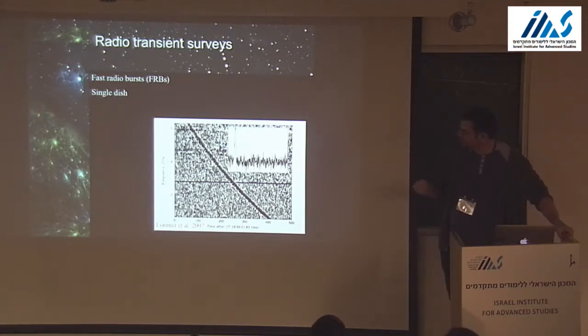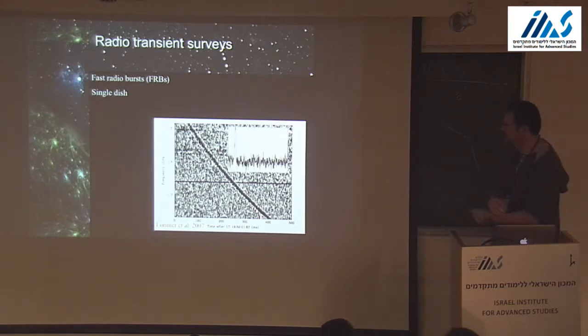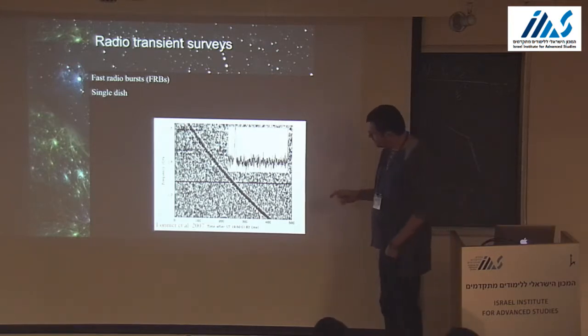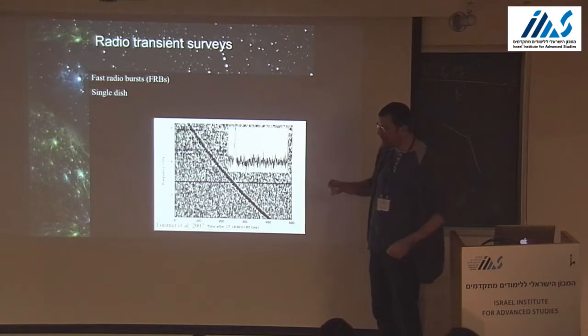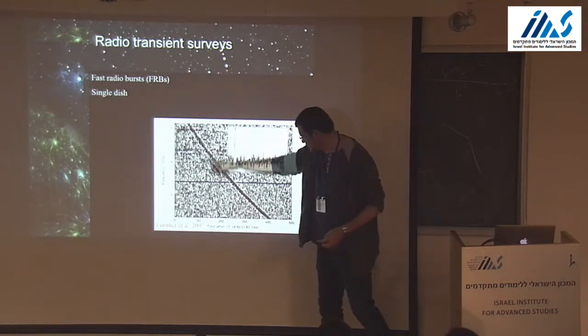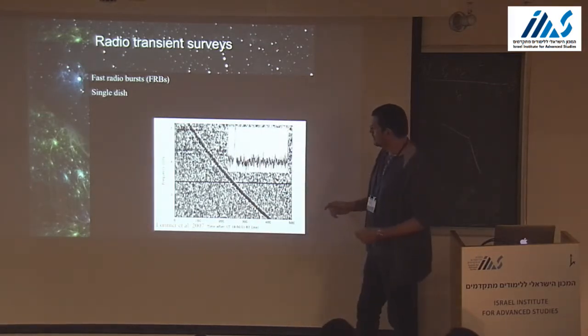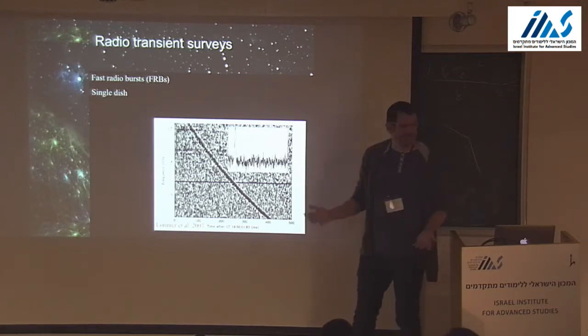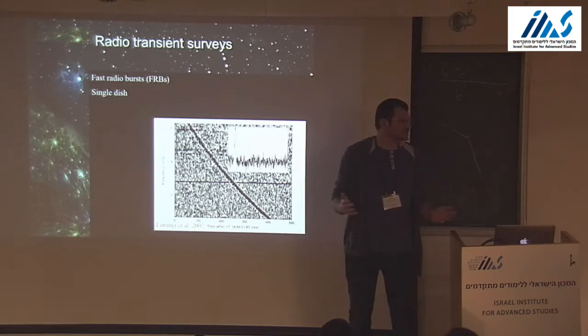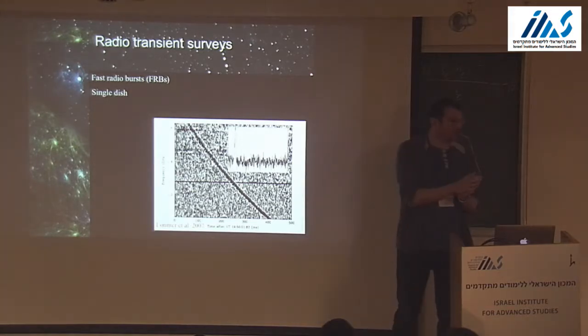You can see this from this discovery data. You don't know in advance by how much the signal is dispersed. So let's say you read out this cube of data, right? Frequency and time. And then you have to analyze it and look for a signal. The easiest way to look for a signal, if the signal is not dispersed, is you just bunch up all the frequencies together and look for some time variable source.